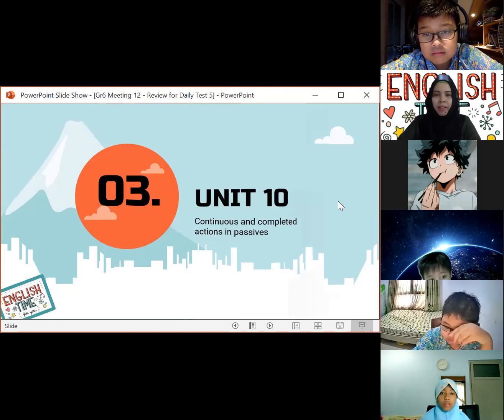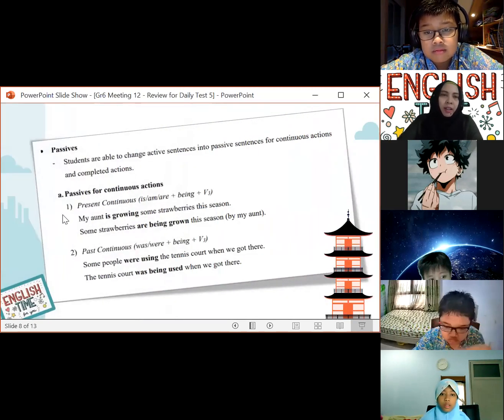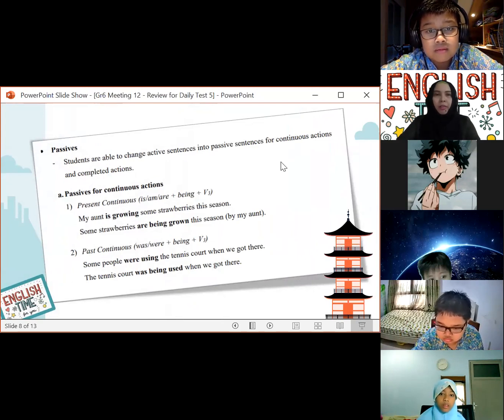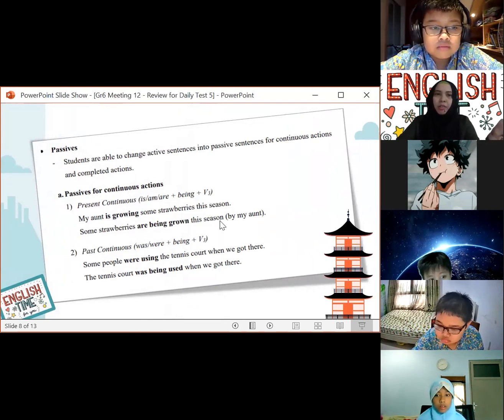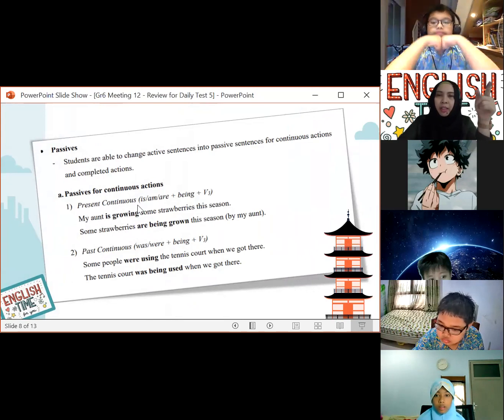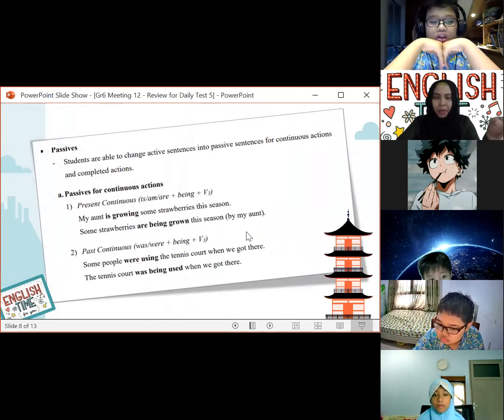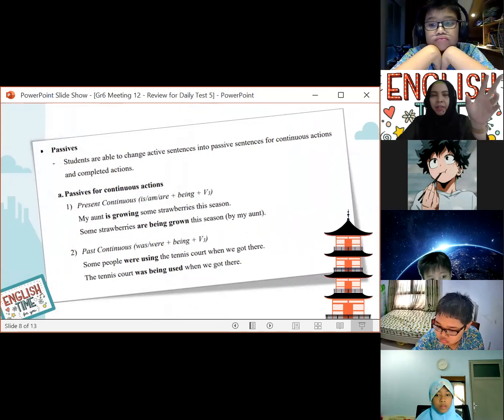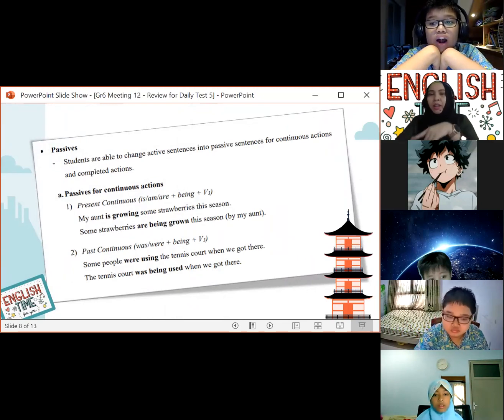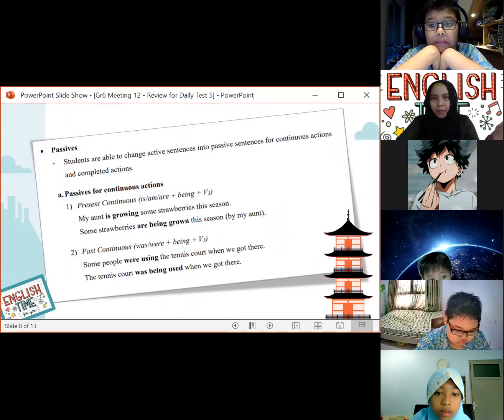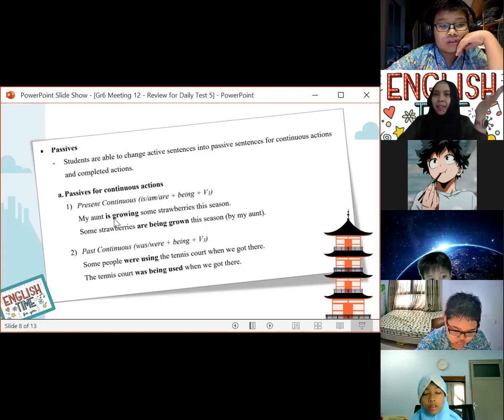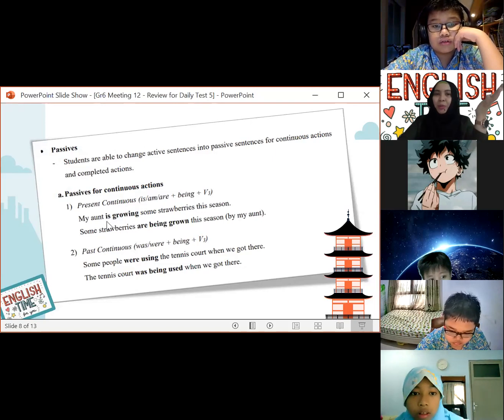Okay, now let's take a look at this. In Unit 10, you learn about changing active sentences into passive sentences for continuous actions and completed actions. The continuous actions use present continuous and past continuous. After you look at the object, you look at the to be.